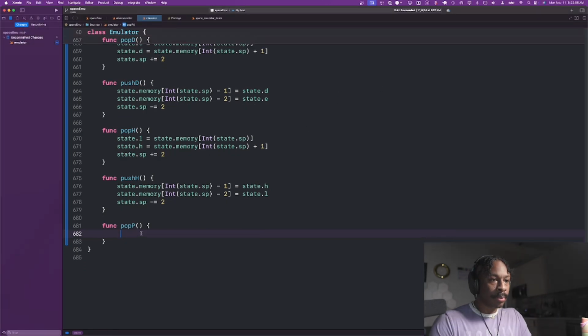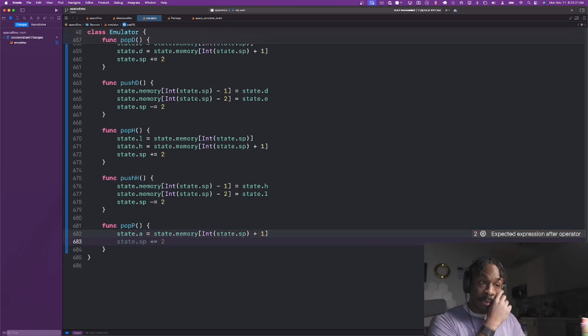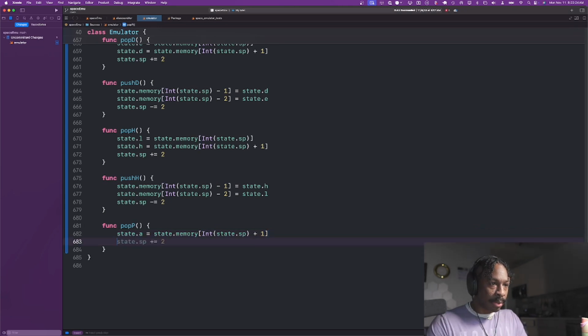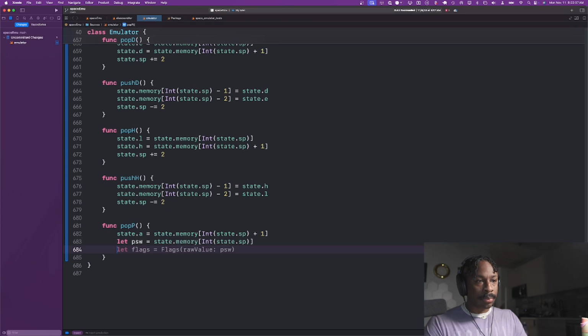So to implement that, we're just going to set state.a equal to memory at the offset of the stack pointer plus 1. And then we're gonna create a new variable called PSW, and that's gonna be equal to where the stack pointer is currently.